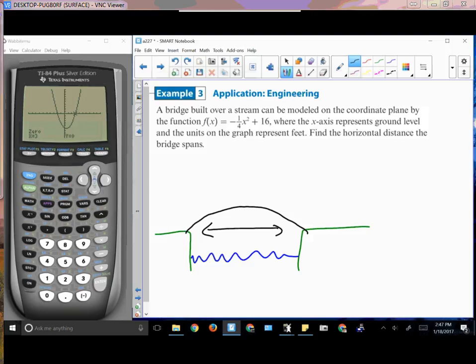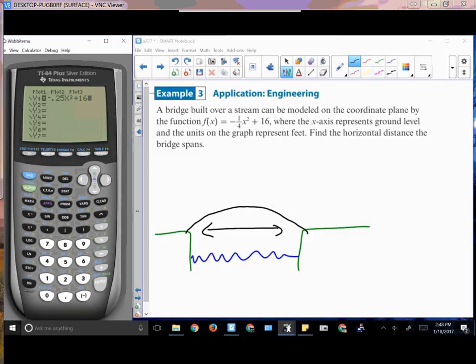Now it said that I could be modeling this on the coordinate plane by the function, where x represents ground level. So we're going to do this. Y is equal to, and we're going to put that equation in. So we'll clear that off. I'm going to put negative 0.25 x squared in, plus 16.